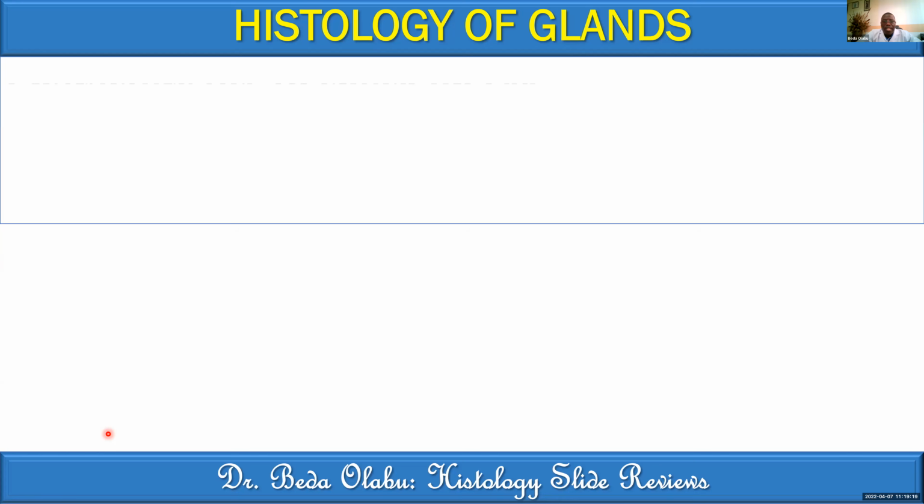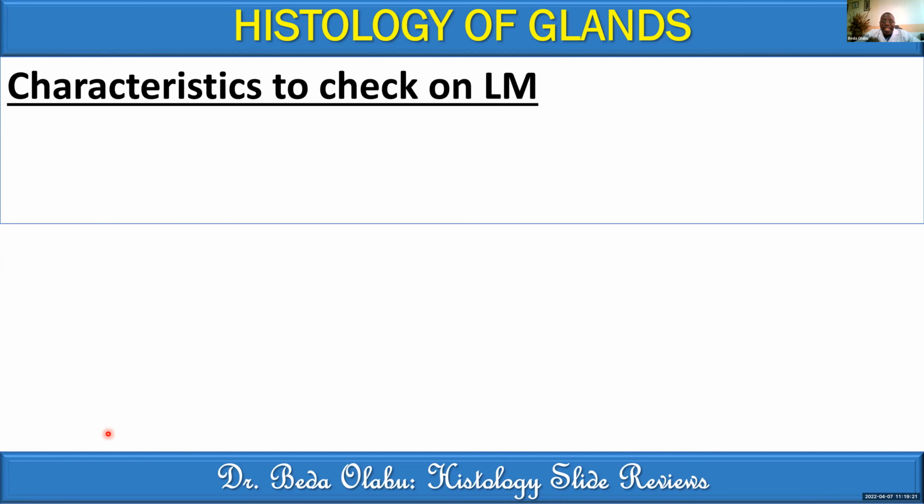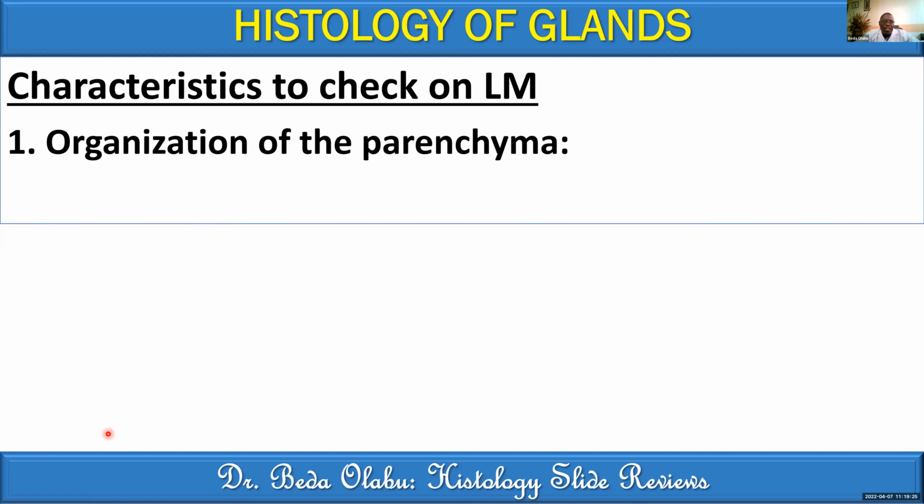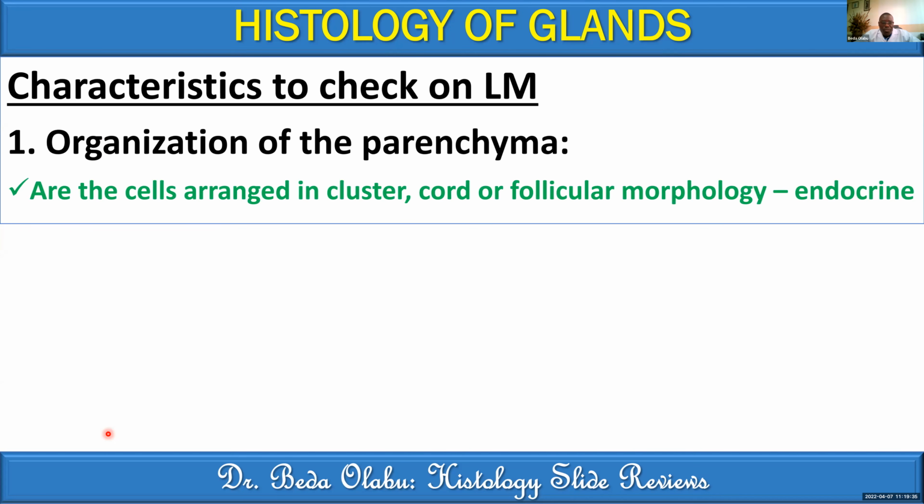Now, histologically, if you want to identify a gland, there's some things that we use to identify a gland. First, we just want to look at the organization of the parenchyma. And that's the one I want to just talk about generally. I'll not talk about the others. In terms of organization of the parenchyma, we look at how the cells of the parenchyma of that gland are organized.